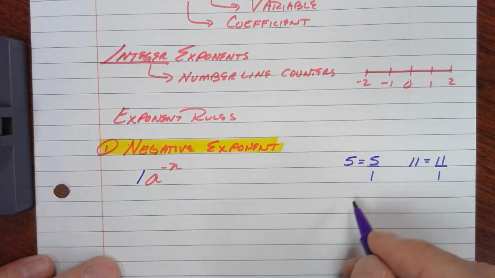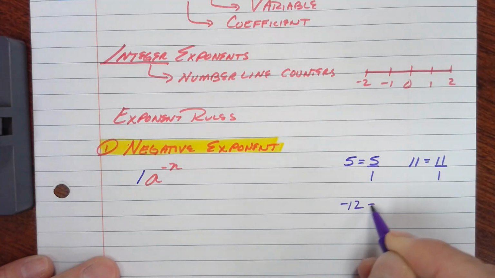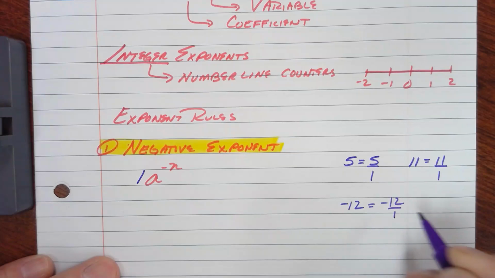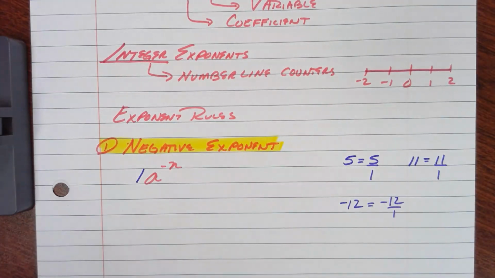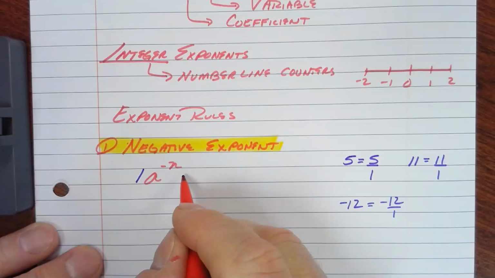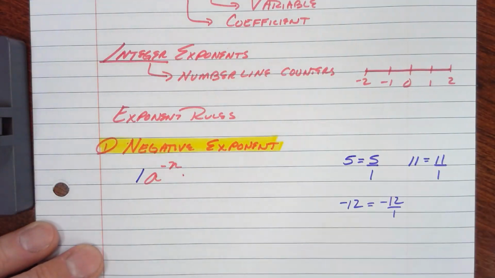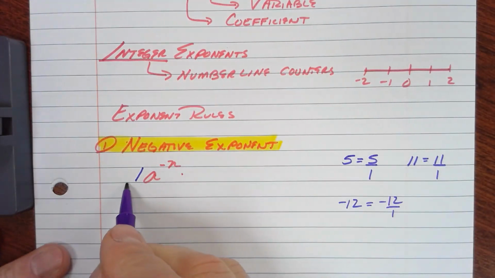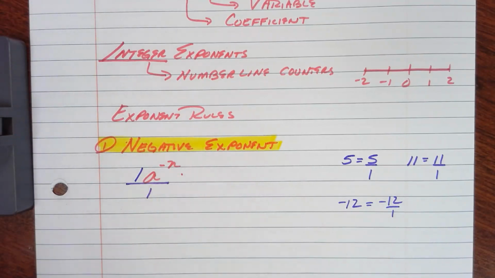Even the negative numbers are themselves if we put them over 1. With that in mind, this is the same thing, over 1. Anything is itself over 1.